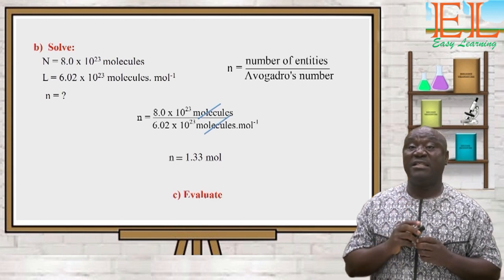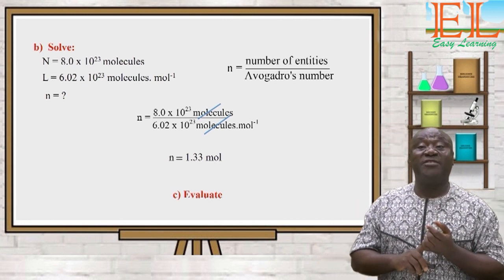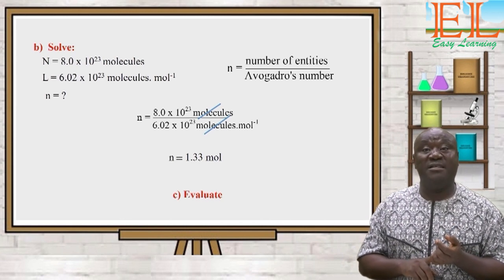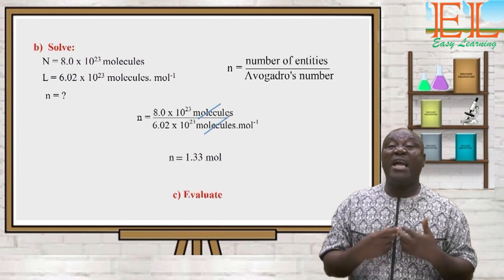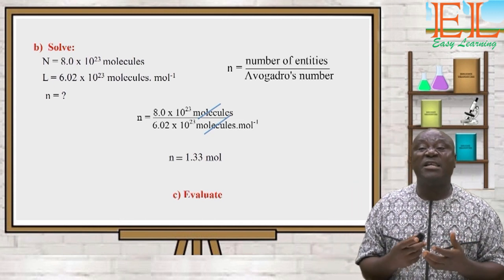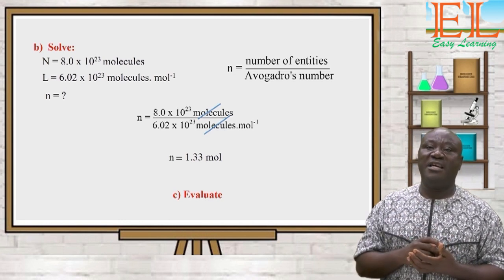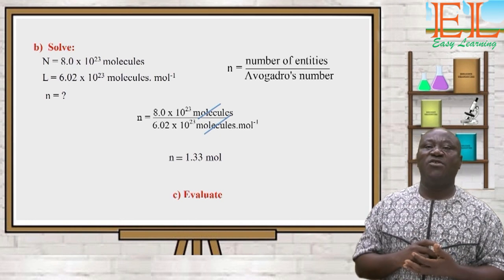Note that omission of the unit attracts penalty, or wrong unit also attracts what? Penalty. Again, you can also check your answer or evaluate your answer by using an alternative approach to solve the question. And the figure that you arrive at, you use it to validate your answer.